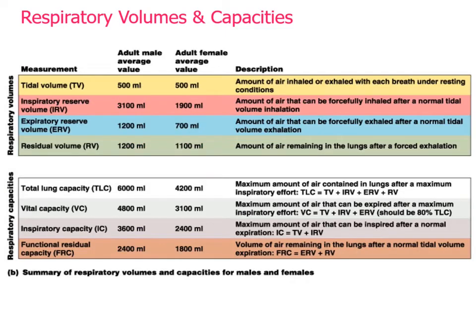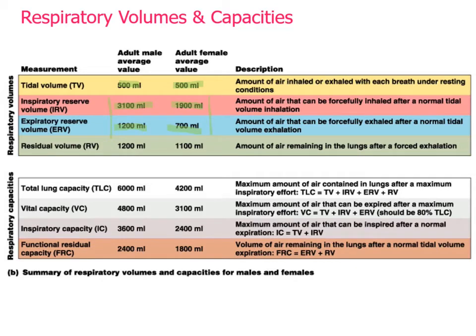When you look at the difference between male and female, you see tidal volume is the same, but males typically have much larger inspiratory and expiratory reserve volumes. So even though the tidal volume is the same, the IRV and ERV adds another 4.3 liters here, as opposed to an average of 2.6 liters.